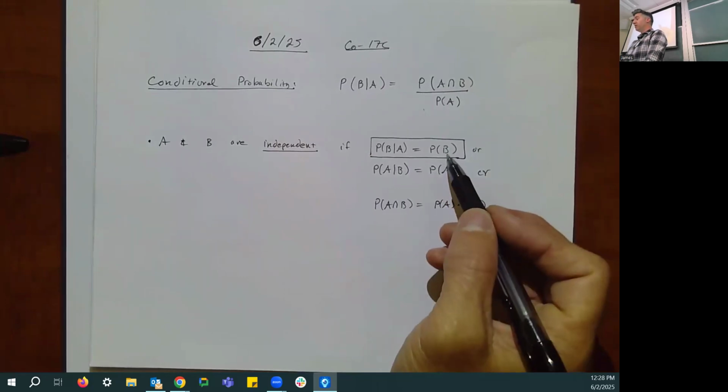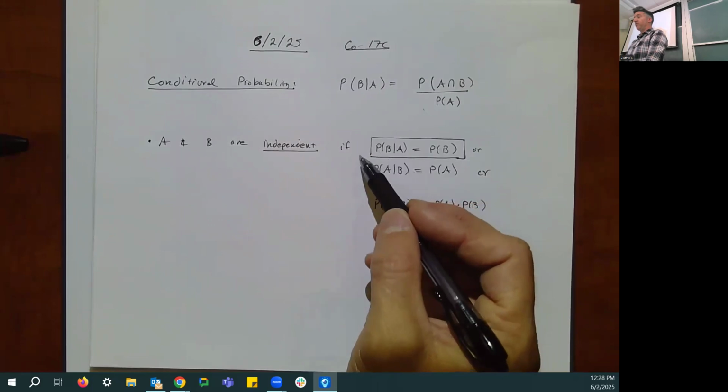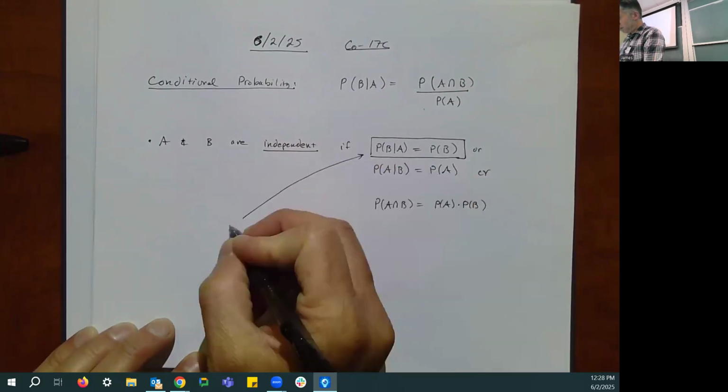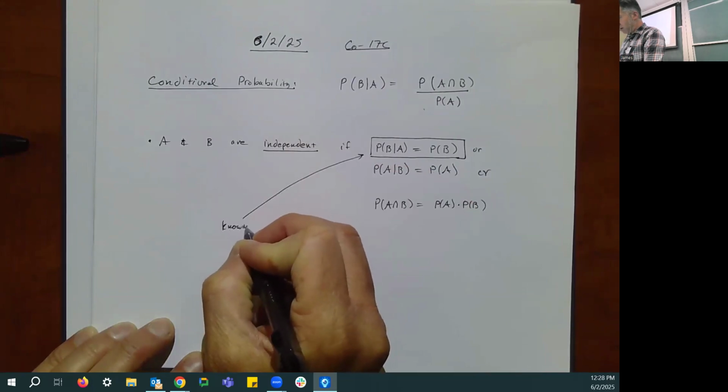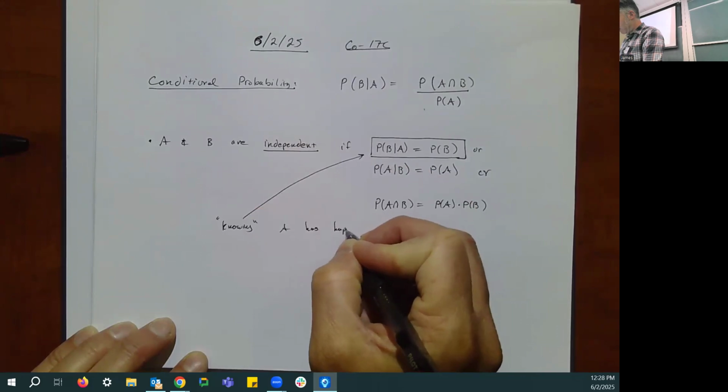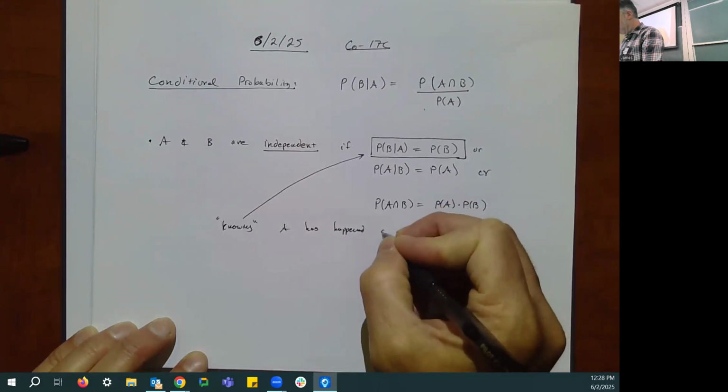Probability of B in general is the same as the probability of B knowing A has happened. So knowing A has happened doesn't change the probability of B happening.